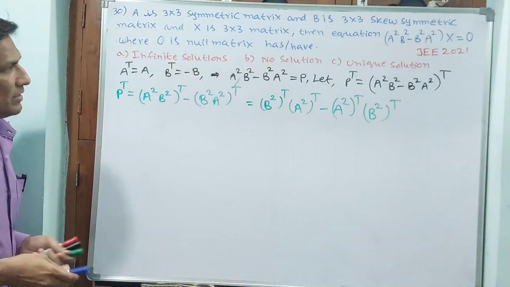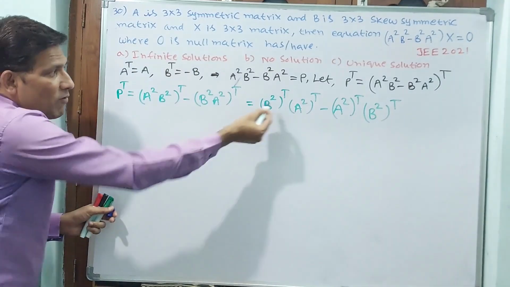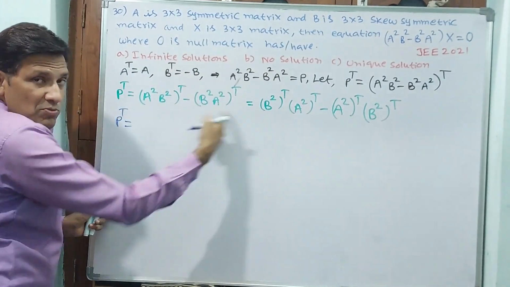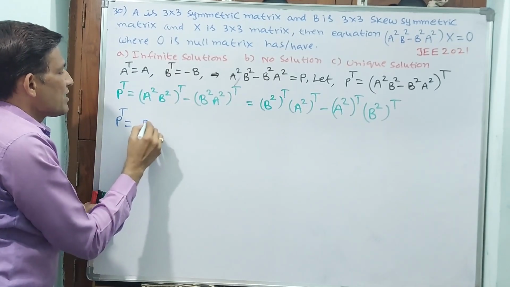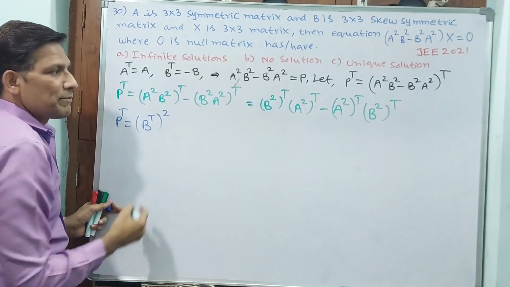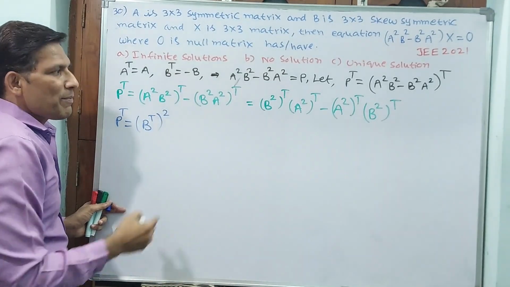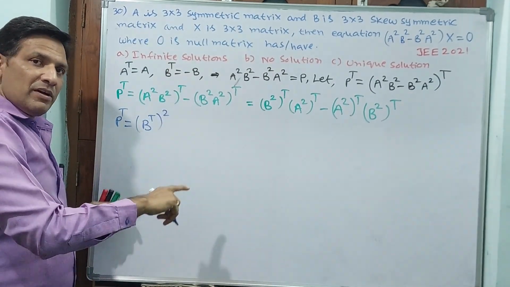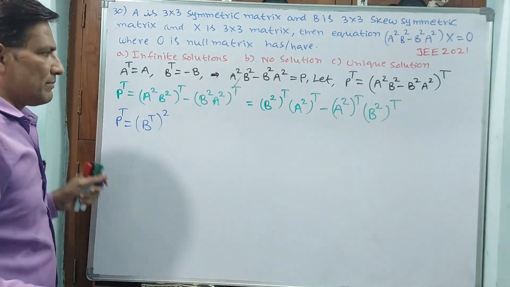Now see how I am changing this. Shall I write (B transpose) whole square? Same. A power m whole power n is equal to A power mn or A power n power m. Both are same.